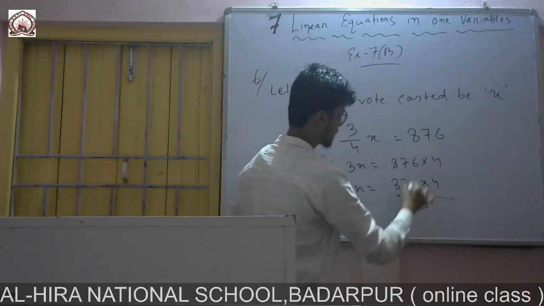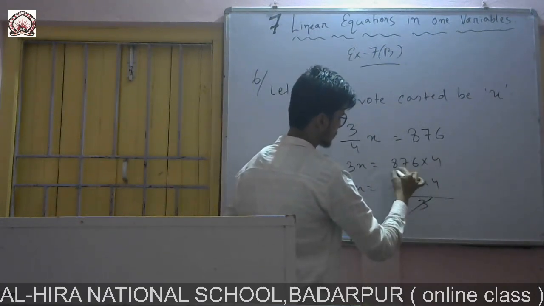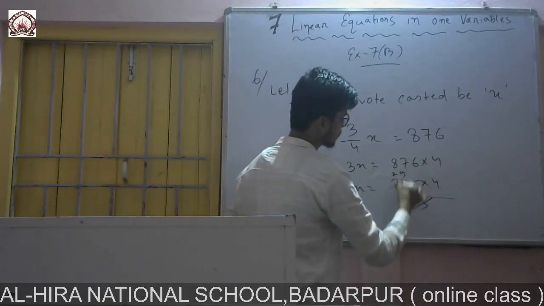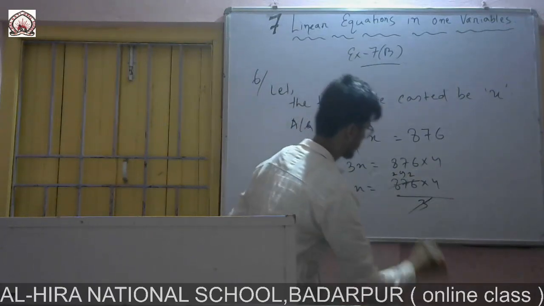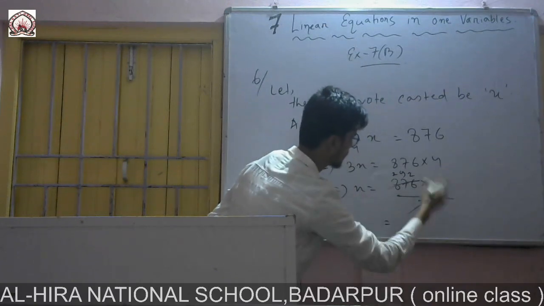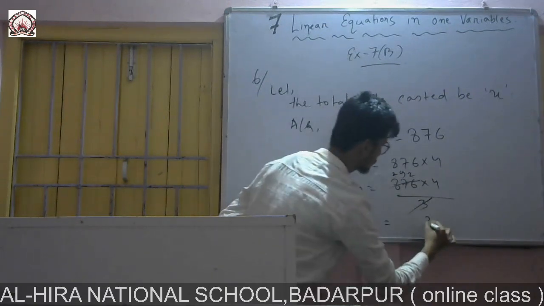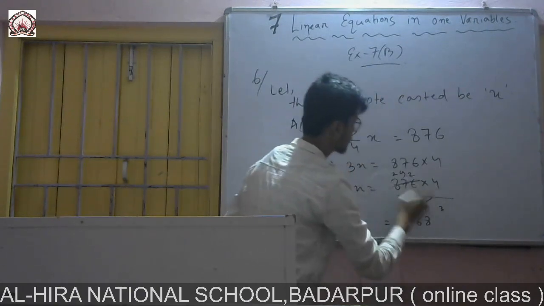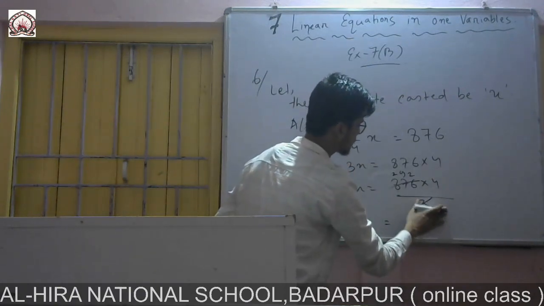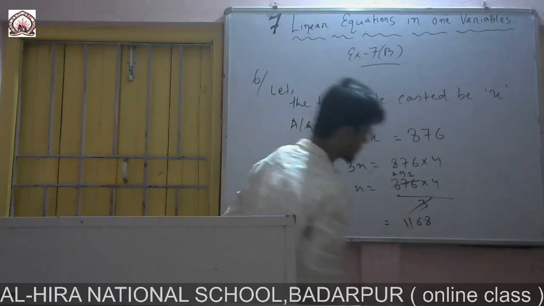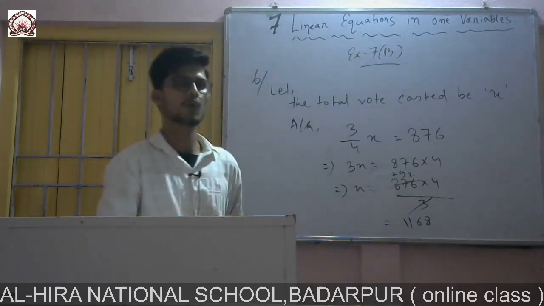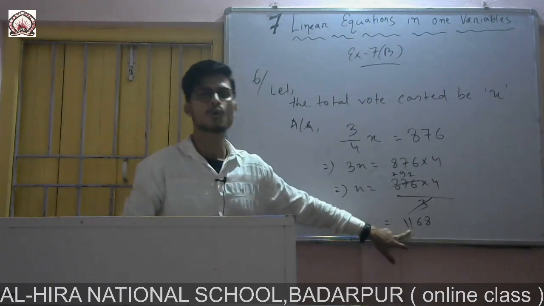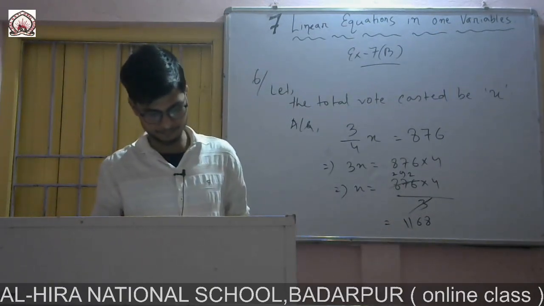So with 3 if I cancel, 3 2s are 6, 7 8 2 27, 3 9s are 27, and 3 2s are 6. So now if I multiply 292 into 4, 4 2s are 8, 4 9s are 36, 4 3s are 12, that gives 1168. That means the total vote casted was 1168.